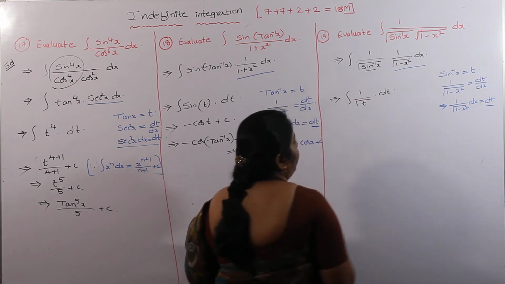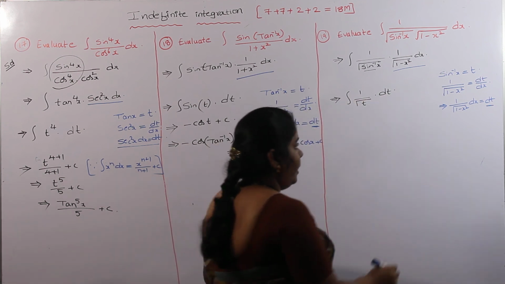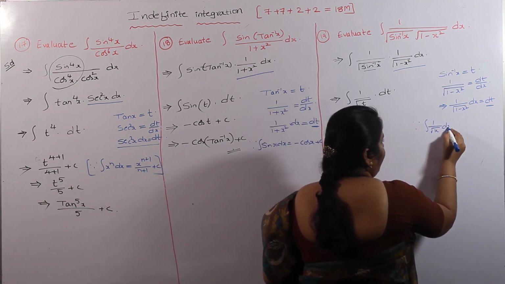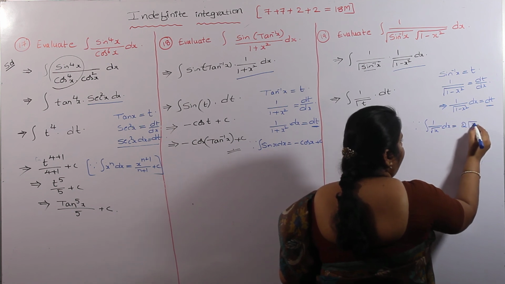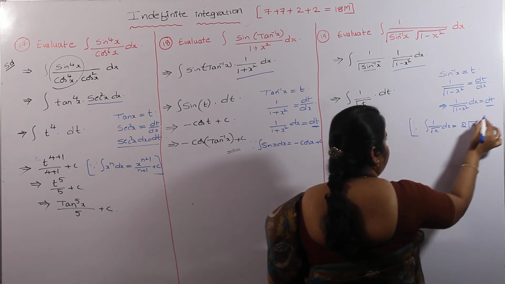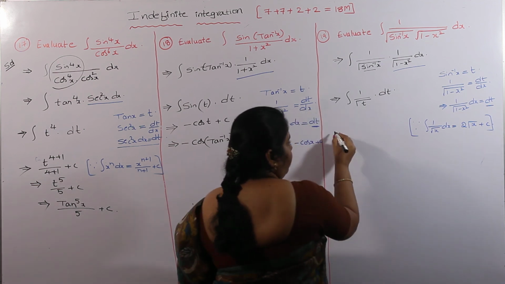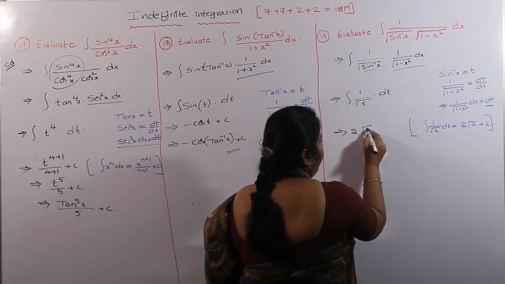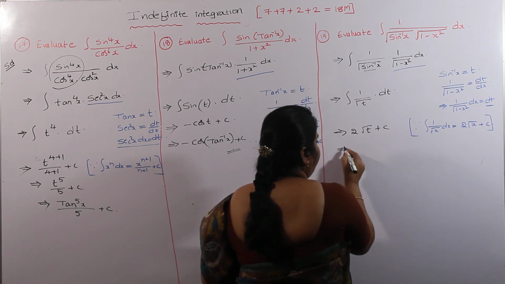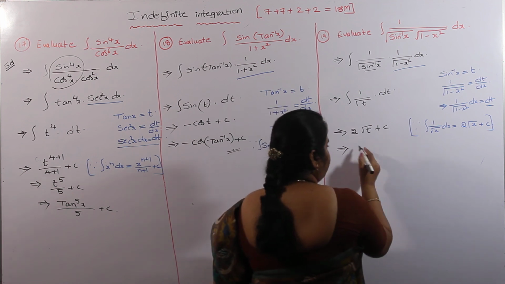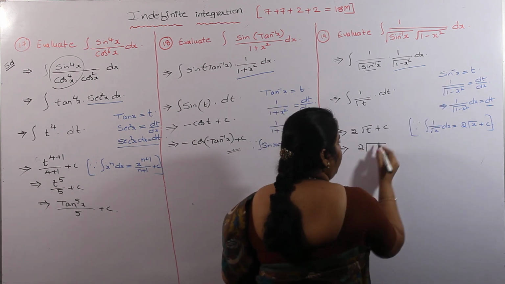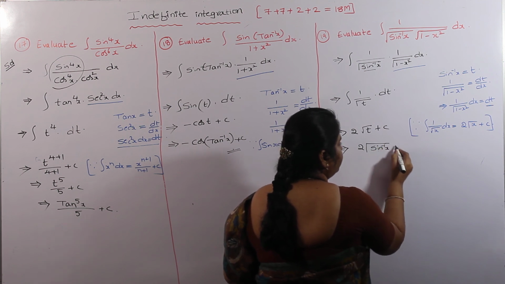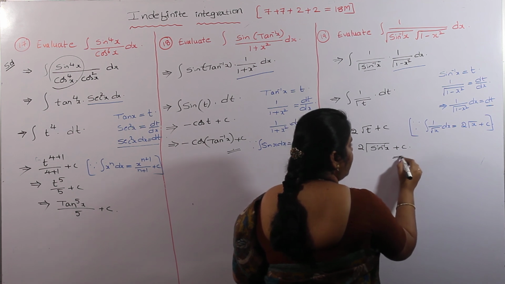Now this is in the form of the integral of 1 by root x dx, which is 2 root x plus c. Applying this formula, in place of x we have t, so 2 root t plus c. After integration we add the integral constant c. But t equals sin inverse x, so the answer is 2 root sin inverse x plus c. This is the answer for this problem.